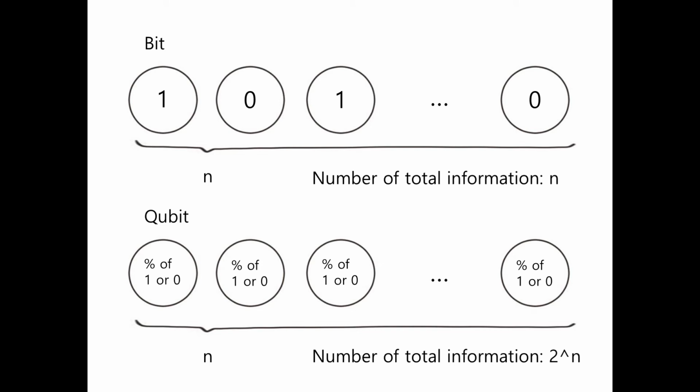In a normal computer, if there are n bits, we can put n pieces of information in it, but in a quantum computer, if you have n qubits, we can put 2 to the n pieces of information in it, so we can put much larger information in the same unit. So we can handle much larger information in a quantum computer, and as such, it can be much faster than conventional ones.